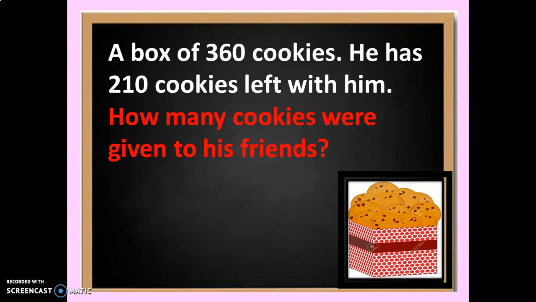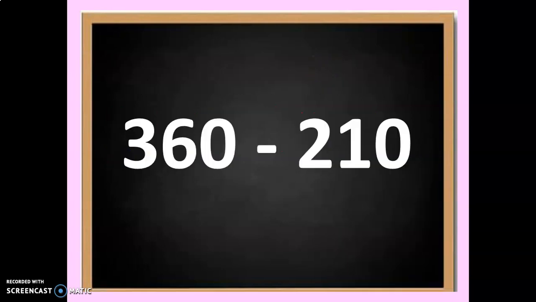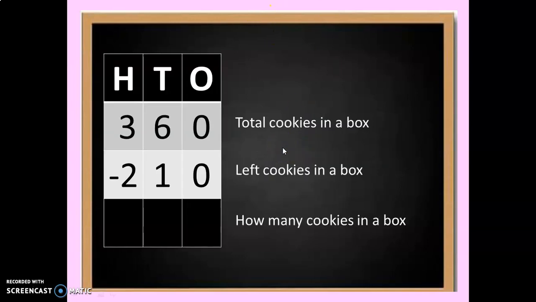So now first we have to subtract. We should know 360 minus 210. We all know the symbol of subtraction. It is minus. Now first subtract ones, then subtract tens, and at last finally we have to subtract hundreds. Now we have to write the things also.